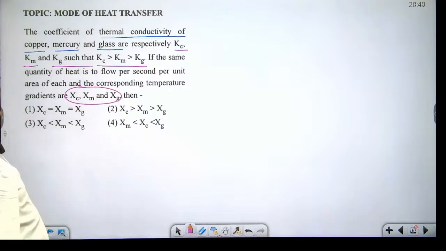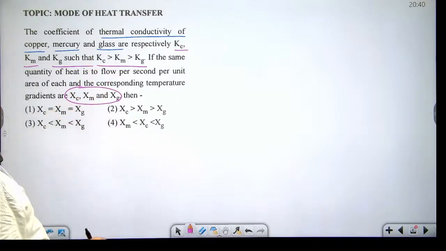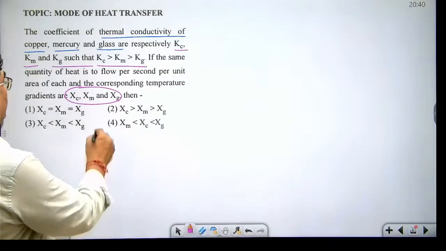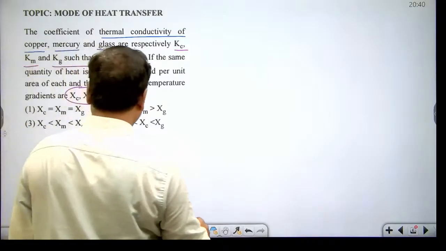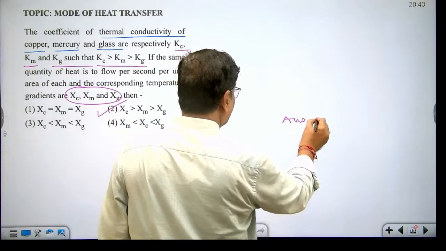Temperature gradient means loss in temperature per unit length. Loss in temperature will be more when conductivity is more. So the conductivity of copper is more, so the loss in temperature will be more here. So the temperature gradient will be more in the case of copper. Copper will be more than mercury, then more than glass. So out of 4 choices, the correct choice is option 2.